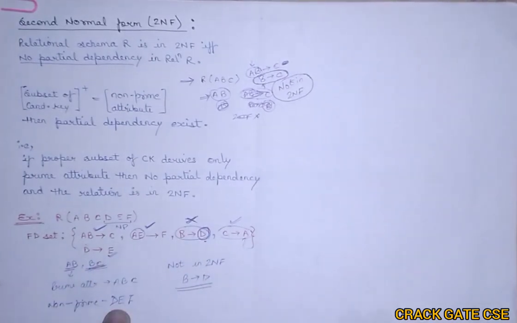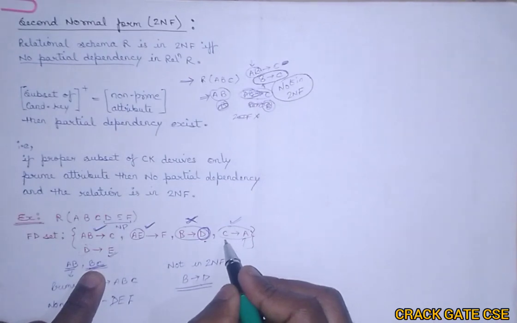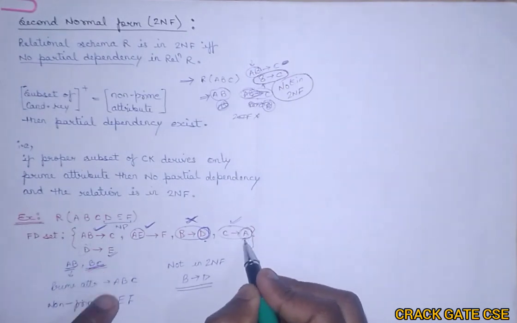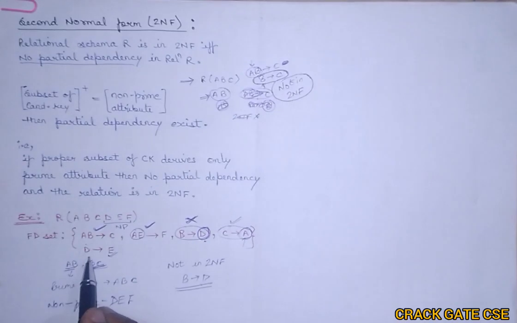Now let's further check that which particular dependency is violating the case. For C to A, C is a proper subset of the candidate key BC, right? But it is deriving a prime attribute A. That means it is not violating the case. Similarly, here you can see that D derives E. So D is not a subset of any of these two candidate keys. That means it is also not violating the condition of 2NF.